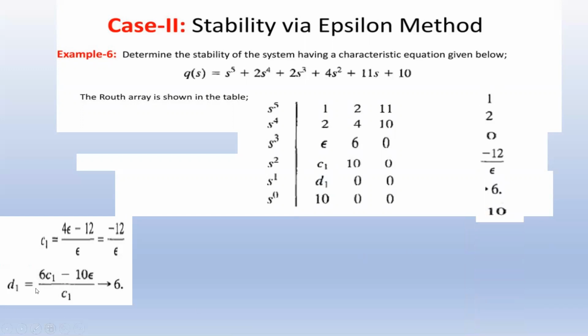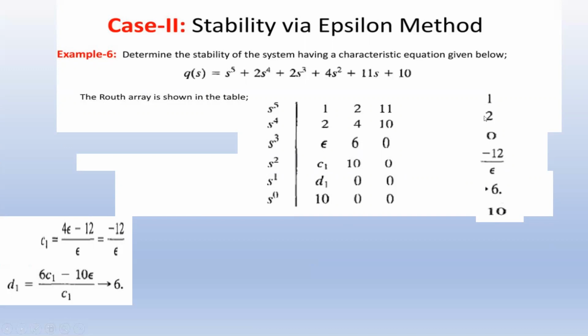If we substitute epsilon as 0 in this expression, we get 6 over here. And this one is actually a negative number.